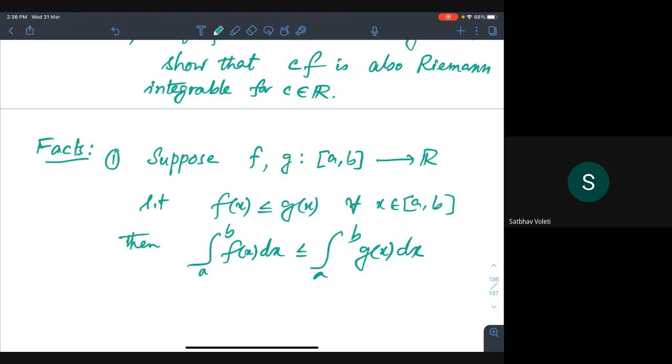You need Riemann integrability to define the integration, and it satisfies this inequality f(x) less than or equal to g(x).